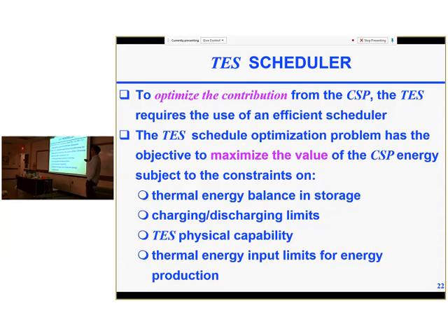In this work, the objective is to maximize the volume of the CSP energy. But the optimization problem has constraints on the energy balance in the storage, the discharging limits, the physical capability, and the thermal energy inputs for the energy production. For example, we cannot put 1,000 megawatt hours into the power block in 1 hour because it's so huge, the power block cannot stand so much energy input.